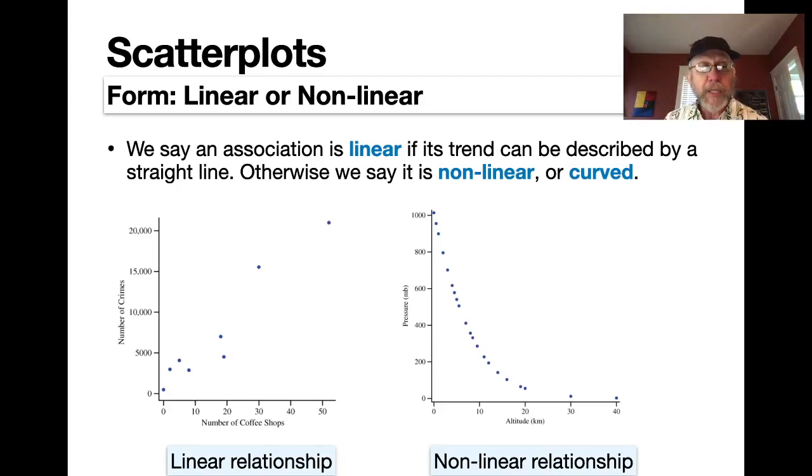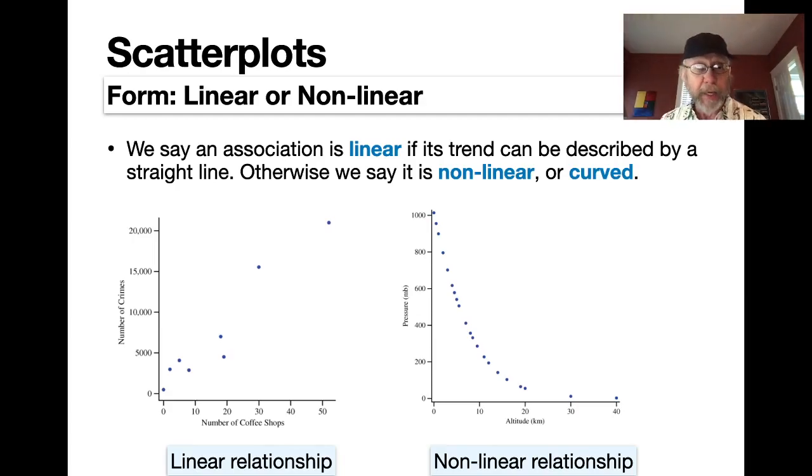On the right, you see a very strong nonlinear relationship. It's a relationship between the barometric pressure and altitude in kilometers. As the altitude increases, the barometric pressure decreases, but not in a linear fashion. The relationship has a more curved shape that you can see from the scatter plot.